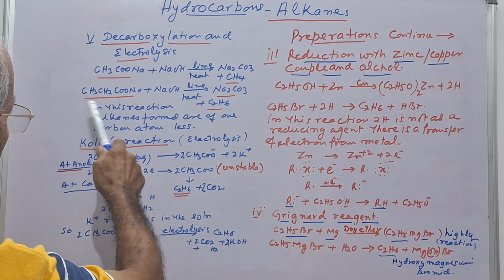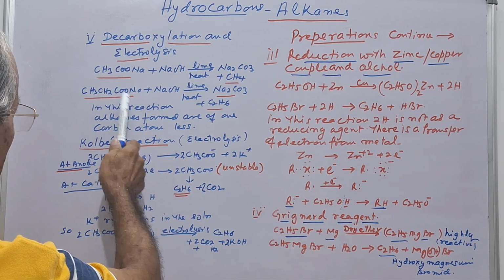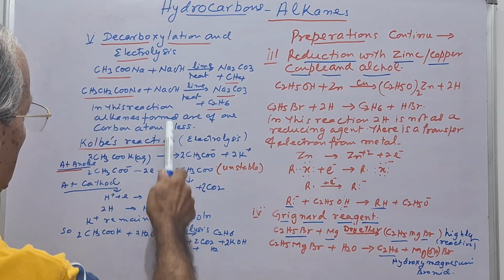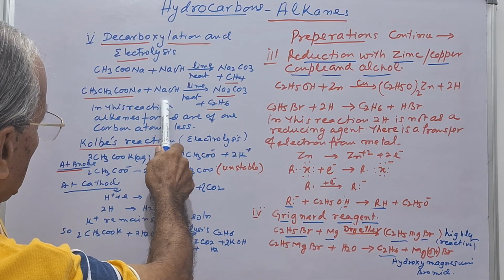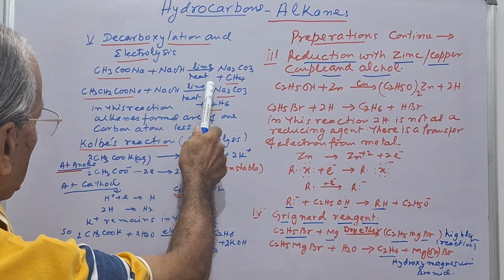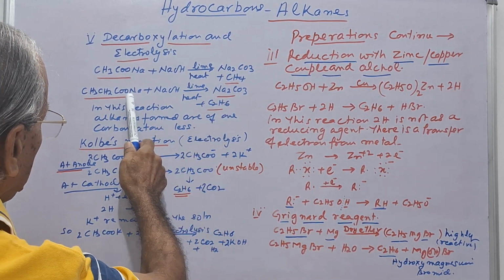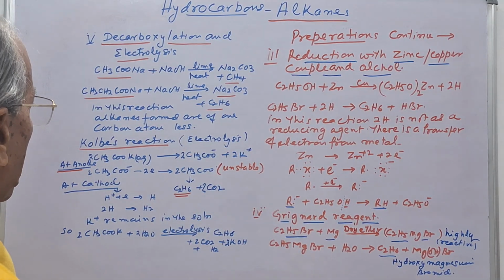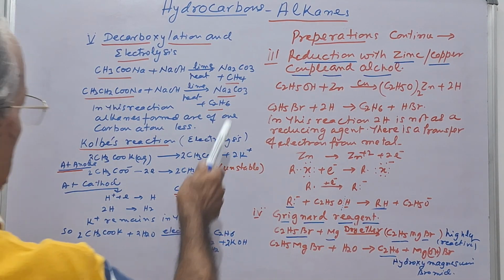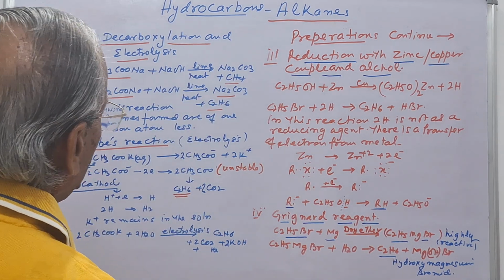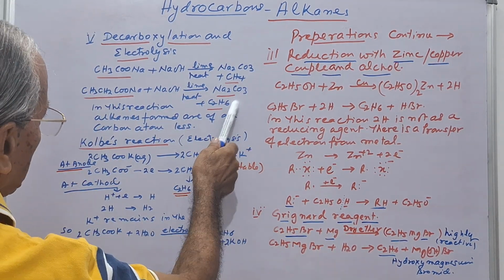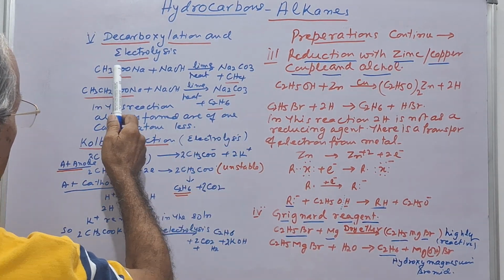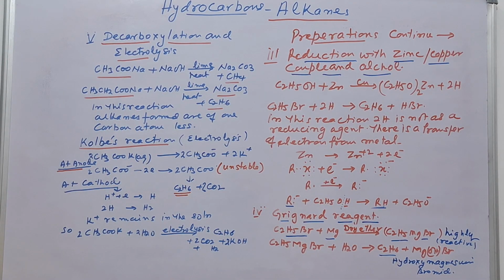And if we take sodium propionate heated with soda lime, that is NaOH in the presence of lime, it again forms sodium carbonate and ethane. Now, if you see in this reaction, the alkanes formed contain one carbon atom less than the parent compounds.